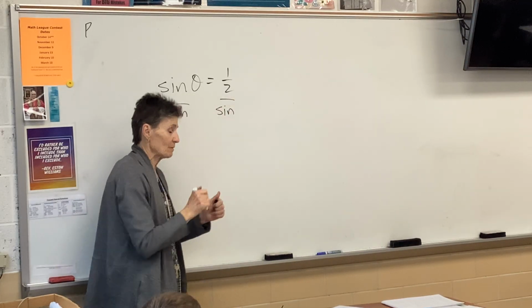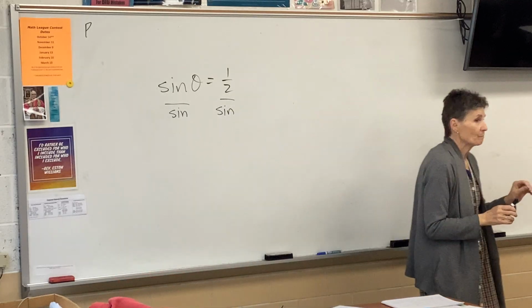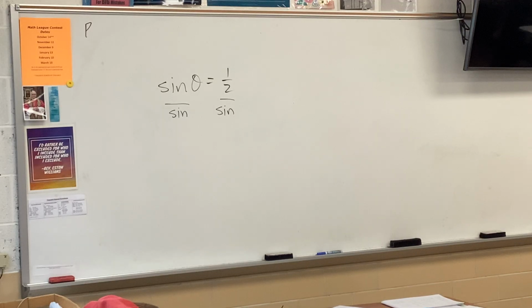Now let's talk about that. On your calculator, let's pick a number. Do 10 divided by sine. Try to do that on your calculator. Just 10 divided by sine. What happens? You get an error because you can't just type sine, you have to attach it to something.